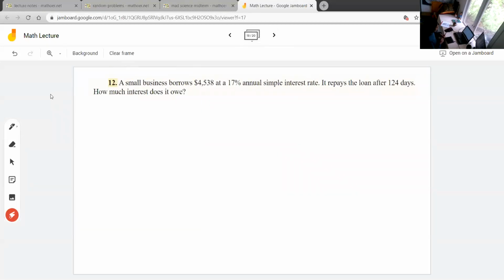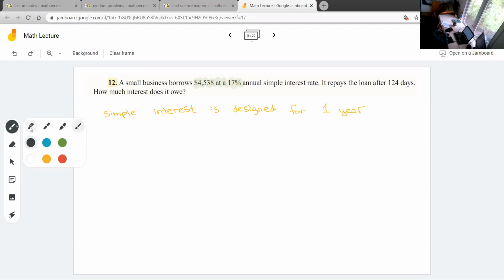Yes. Okay, so simple interest is designed for a year. So I start with just this amount at that percent. It's exactly like the previous problem.